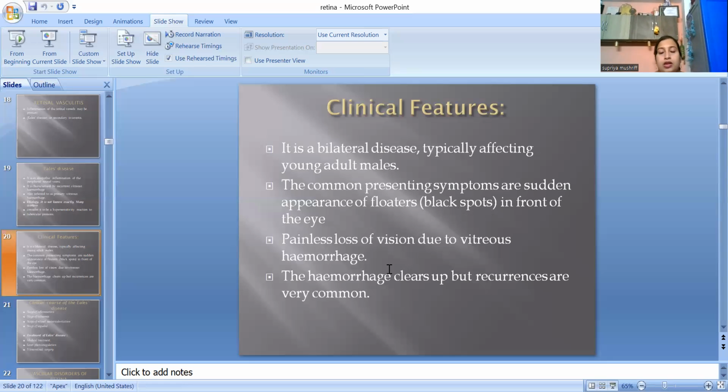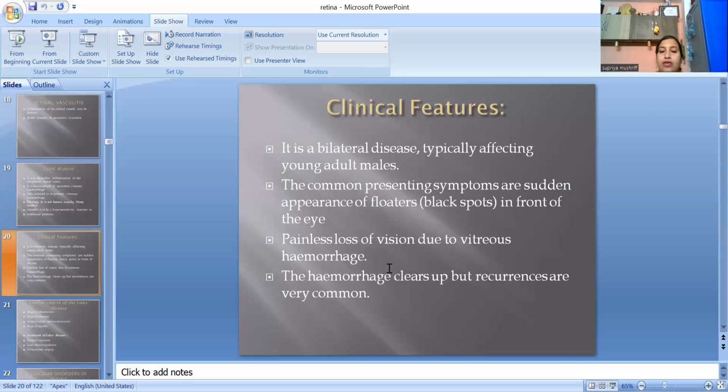Most of the Eales patients come very late because they mostly overlook the previous episodes of mild vitreous hemorrhage and never show up to the clinic.